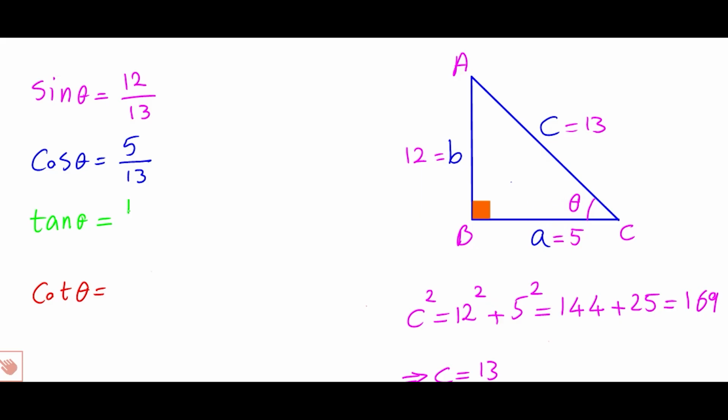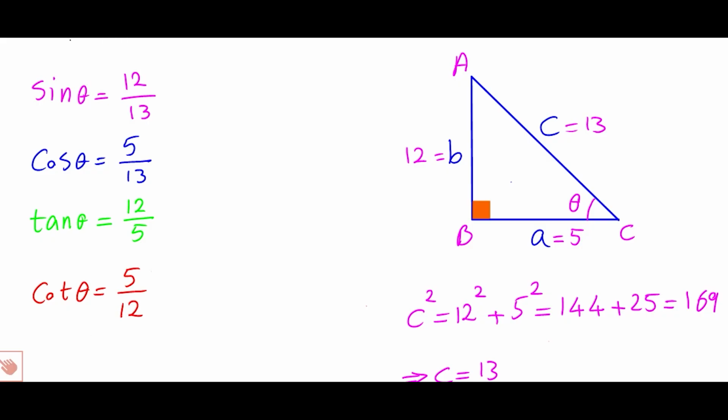It is 12 divided by 5. And cotangent theta is the reciprocal of tangent. It is 5 over 12.